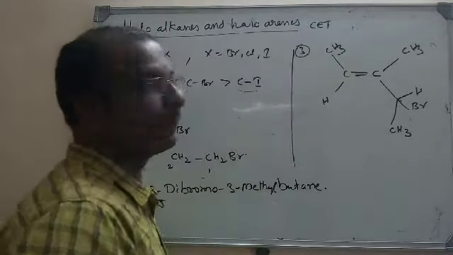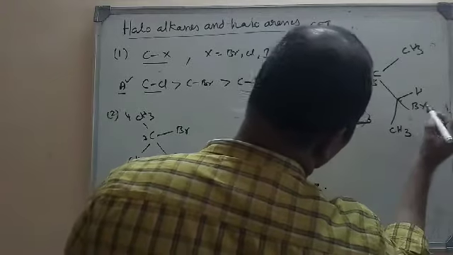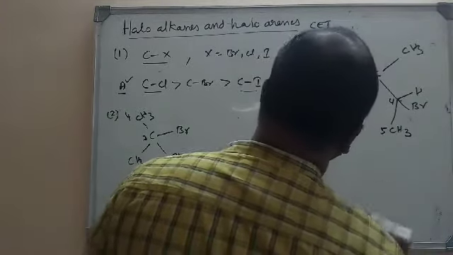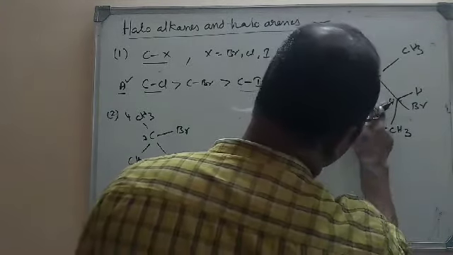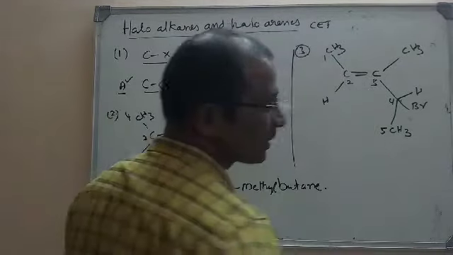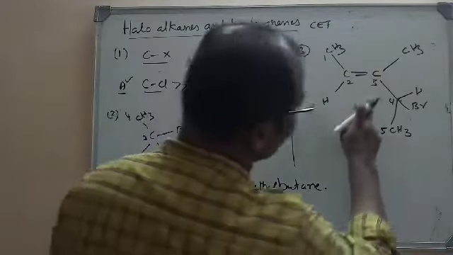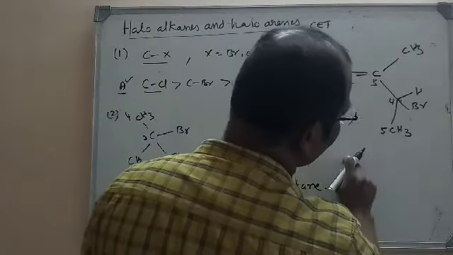the double bond. So this is the right way of numbering. Here 1, 2, 3, 4, 5 carbons are there, and the double bond is on the second carbon, so it is 2-pentene. The substituent is on the third carbon, that is 3-methyl.